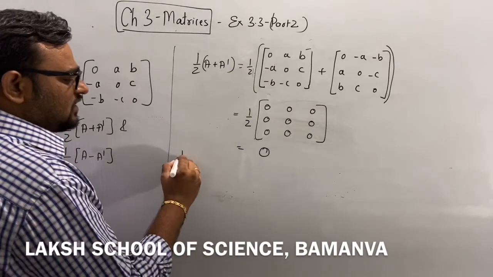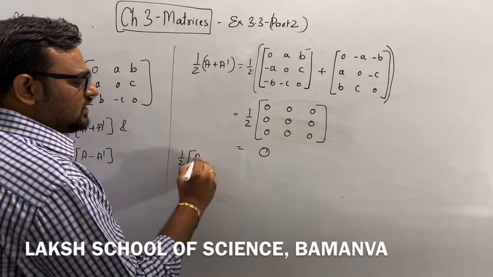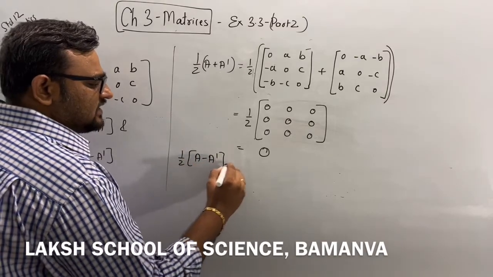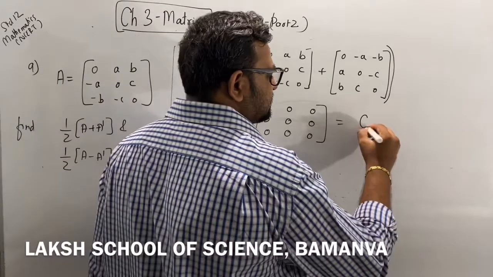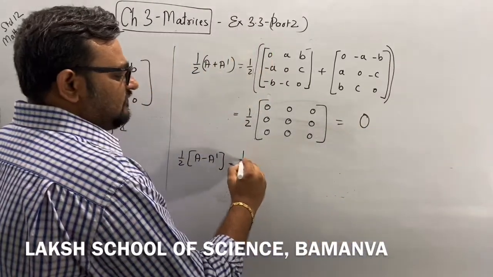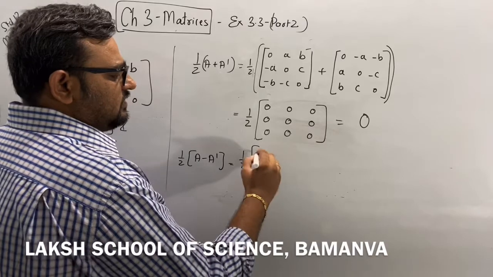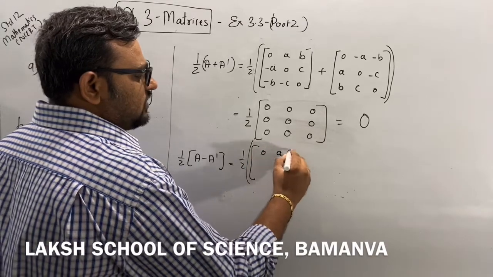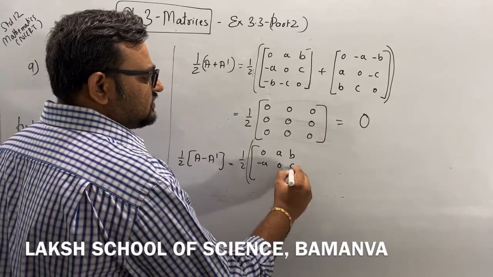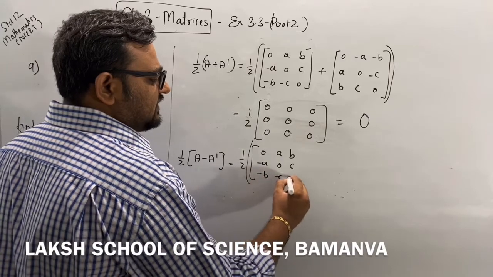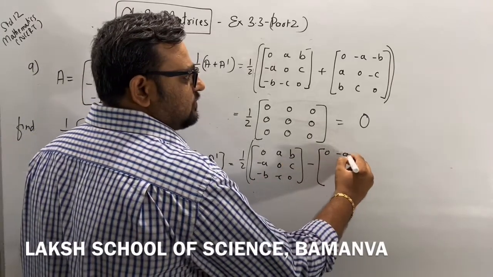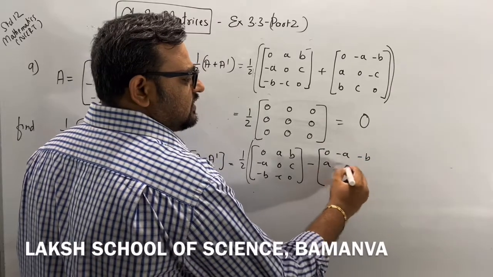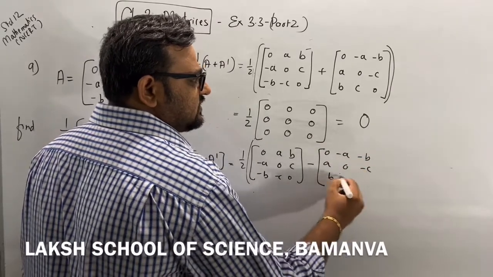Now let's find half into A minus A transpose. Okay, let me write down here zero matrix. Half again 0 A B, minus A 0 C, minus B minus C 0, minus 0 minus A minus B, A 0 minus C, B C 0.